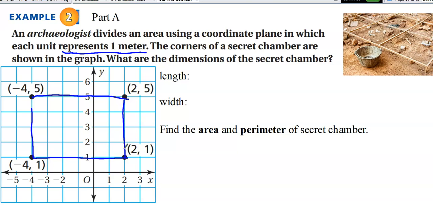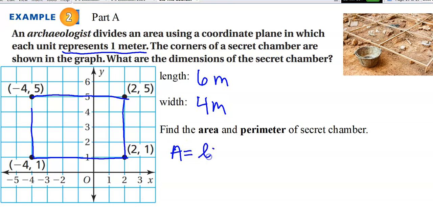And the length is going to be 1, 2, 3, 4, 5, 6. Now, because I told you that it's 6 meters, you don't want to use units. So I'm going to abbreviate with an M for meters. So the length is 6 meters and the width is 1, 2, 3, 4. The width is 4 meters. Find the area and the perimeter.